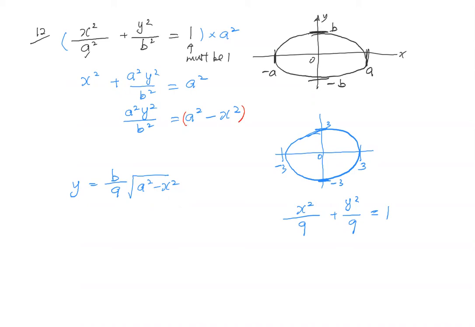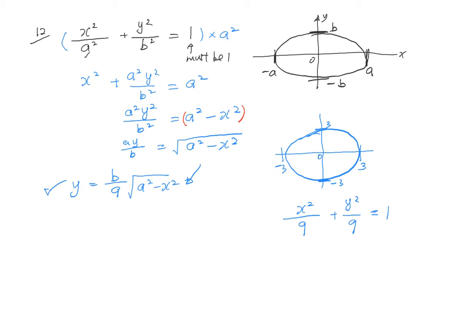So here will be a y over b equal to square root of the whole thing on the right-hand side. So that's how you get to this. Is that okay? Okay, Miss. So you have to see what you want to change it into. Then you will know what to do.